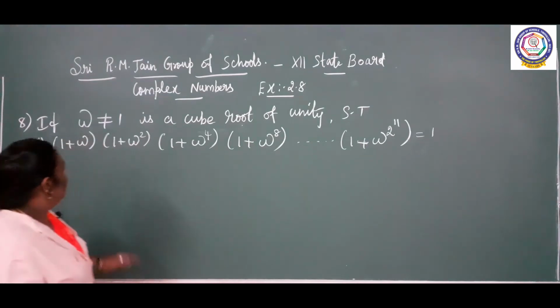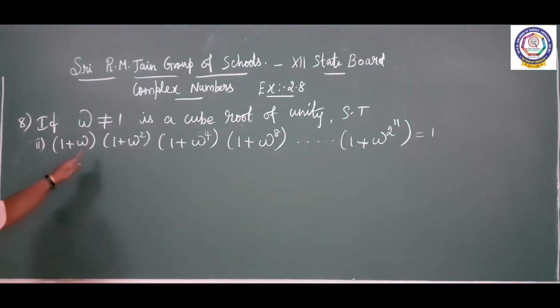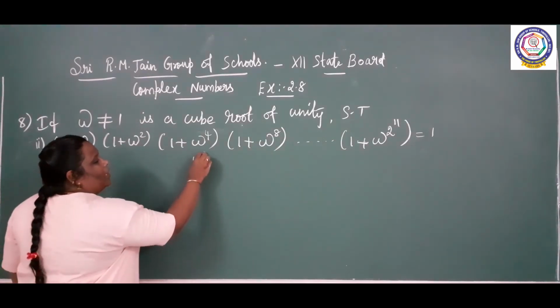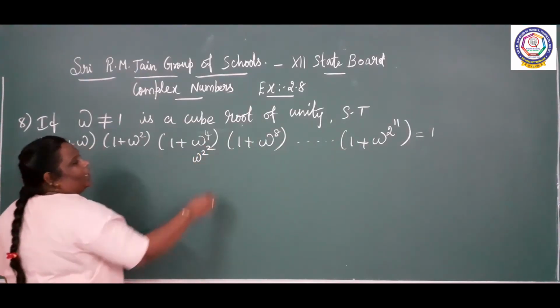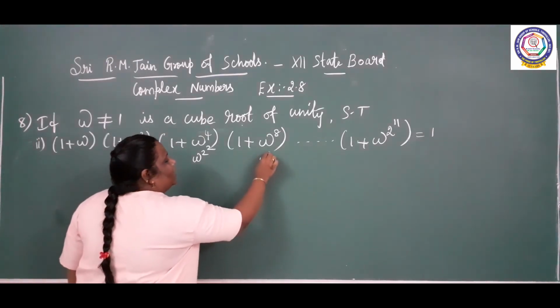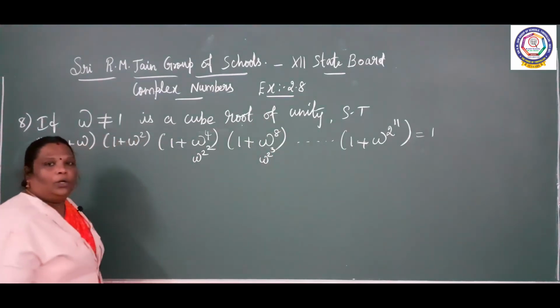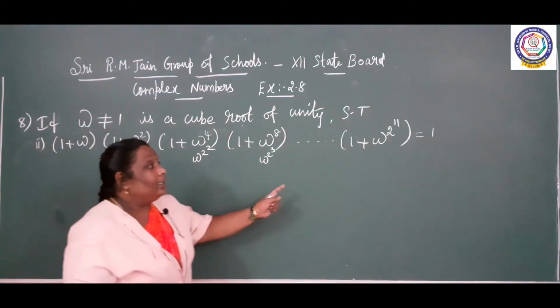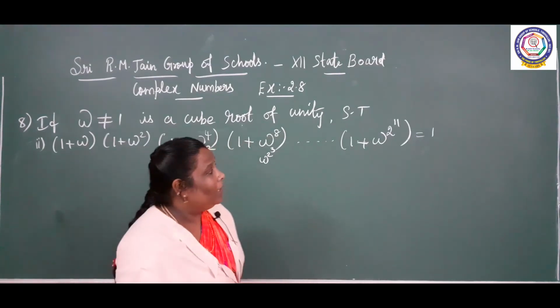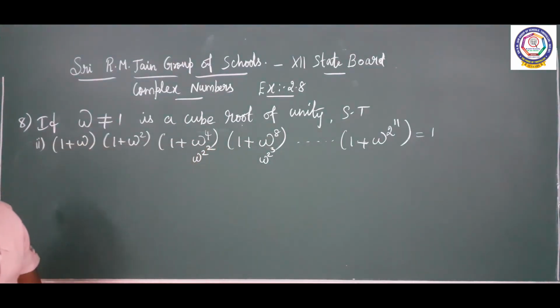See here, 1 plus omega, 1 plus omega square, 1 plus omega power 4. That omega power 4 I will write as omega power 2 square. Omega cube I will write as 2 cube. Like this, omega power 2 power 11 equal to 1, we have to prove.